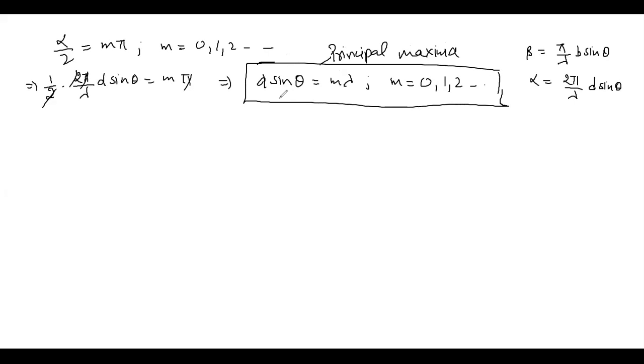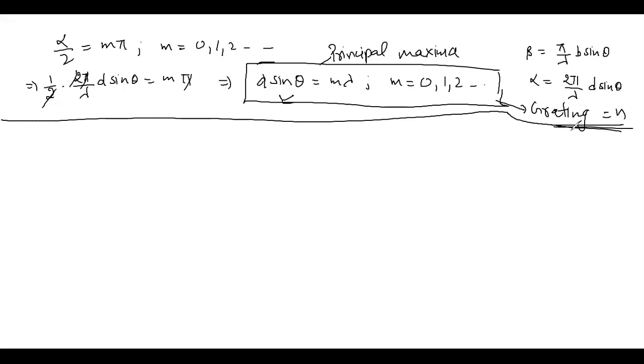Whenever this condition is satisfied, you will have principal maxima at those particular values of theta. And this is also called the grating equation. I'll ask you to recall this equation when we talk about the diffraction grating. So this was all about maxima. Now what about the minima? Let's talk about minima.